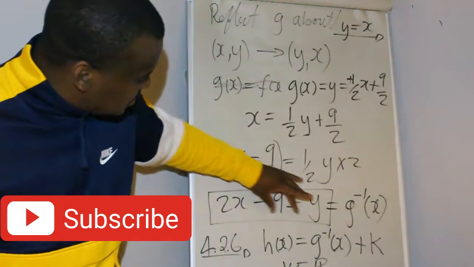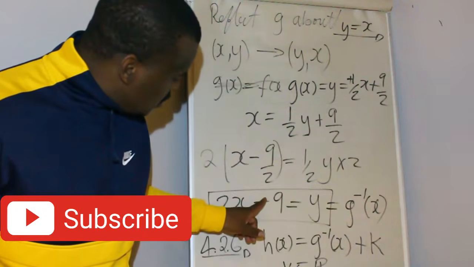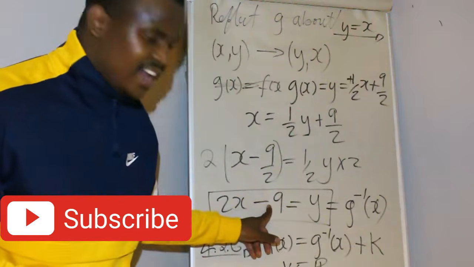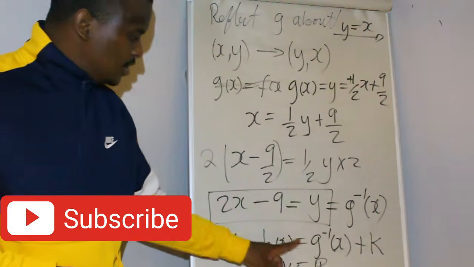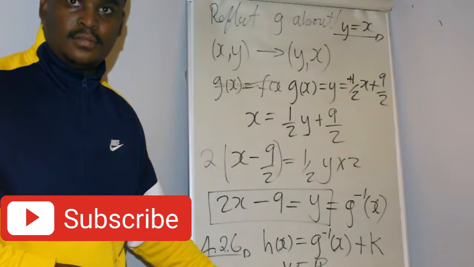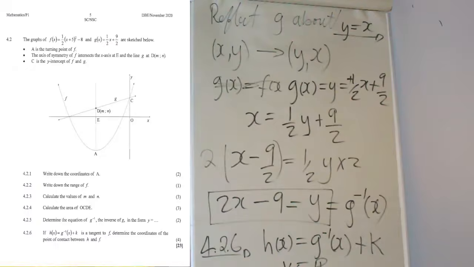If you subtract this 2x and put it here, it will be k plus 9, which is also a constant. So this is also a straight line. They are saying that if h of x is a tangent to f, determine the point of intersection of f and h.